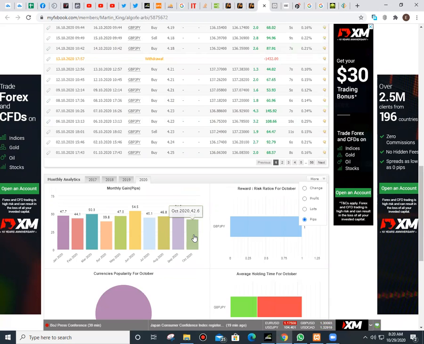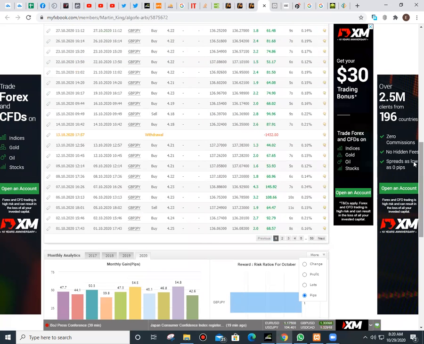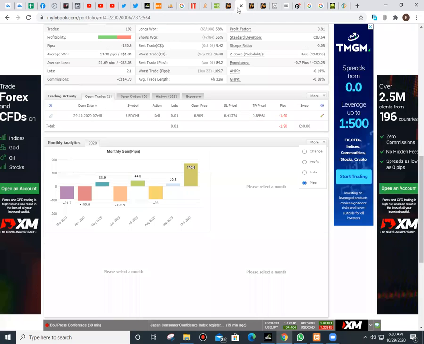So the reward when you use this lot size he is using, if this guy used the same, they could not be at the same level. So average length, 6 hours 32 minutes. That is the average length of this guy's trades.